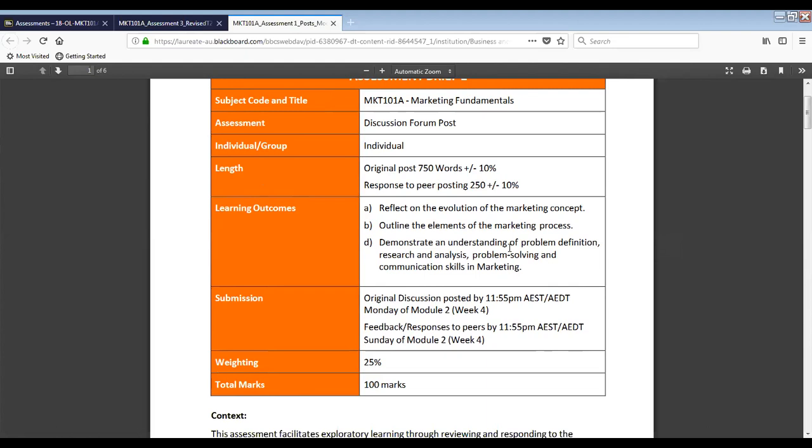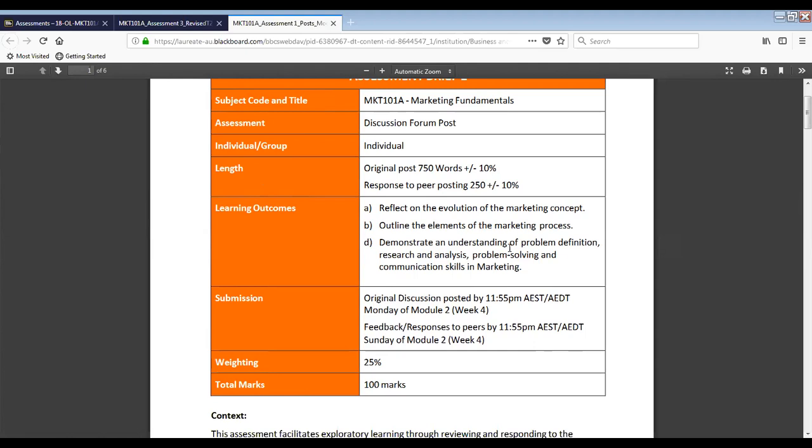Okay, now this assessment 1 is due in week 4. Please look at the timetable I gave you. Since there are 2 parts of assessment 1, the first part is actually about our own original posting.